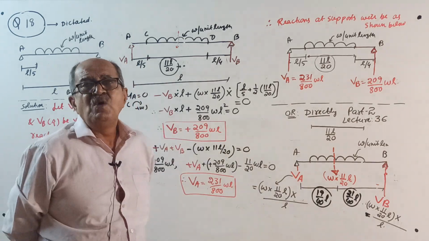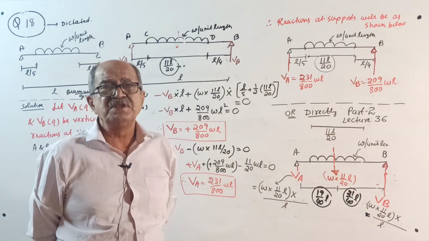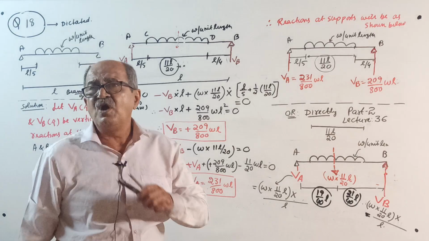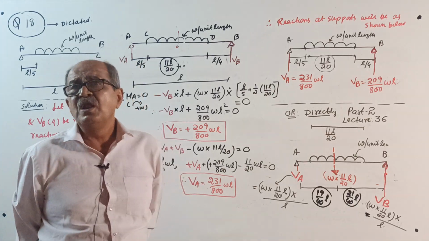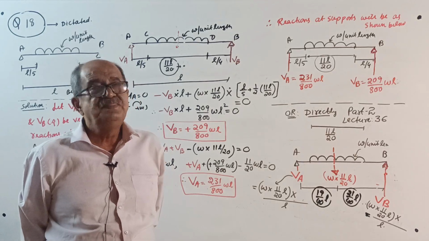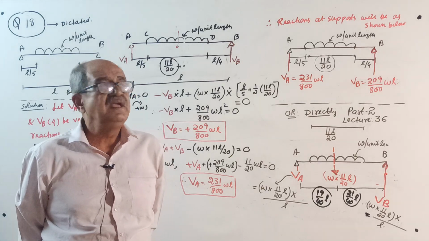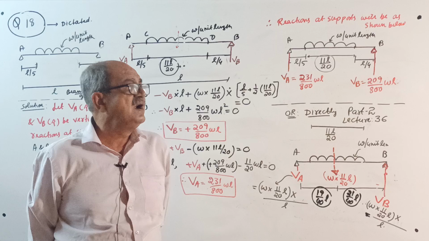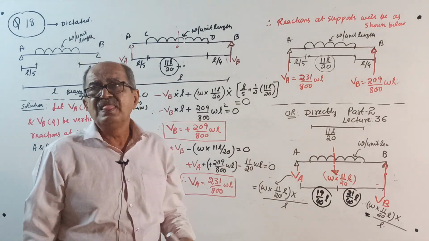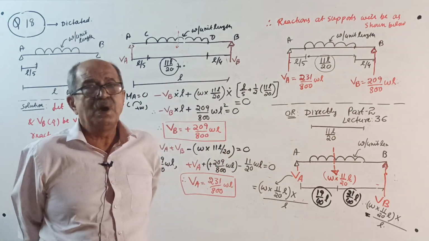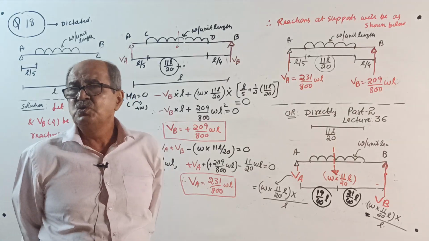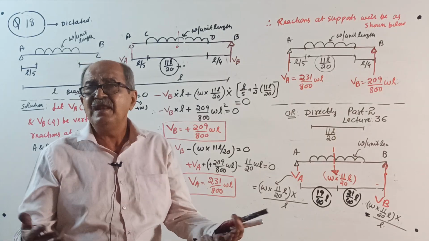You can make out how systematically questions are solved in a perfect order. First, I will solve all single types of load. Then I will start combining the loading so that everything will be covered. I want these classes to be a permanent reference for those who want to really learn. If not today, some other day.